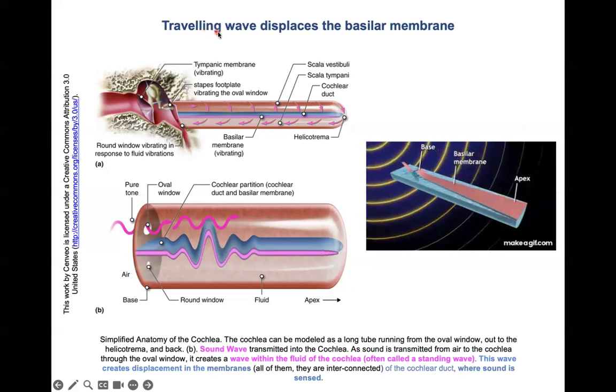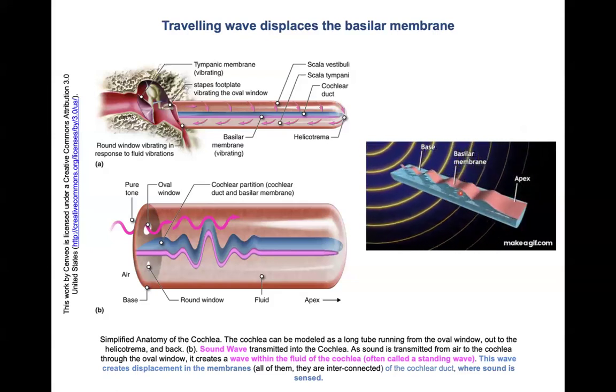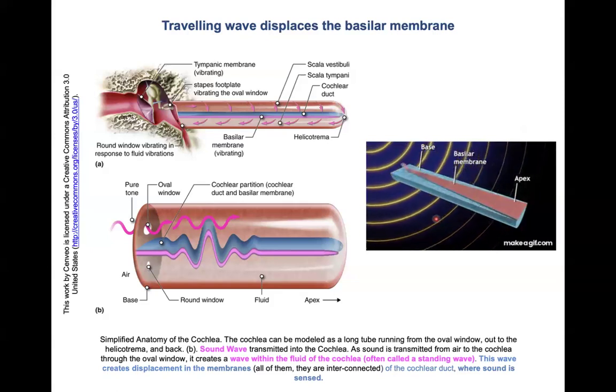It has certain characteristics which we will discuss in the following slides. Now we see here in this beautiful animation how the basilar membrane is displaced by the incoming sound wave. Now this sound wave has a certain frequency and it reaches the maximum of displacement in the basilar membrane, which is specific to the frequency of the sound wave. We will see in the next slides.